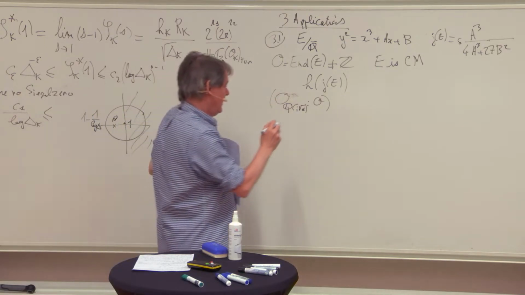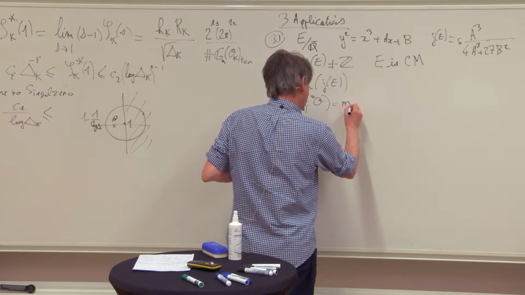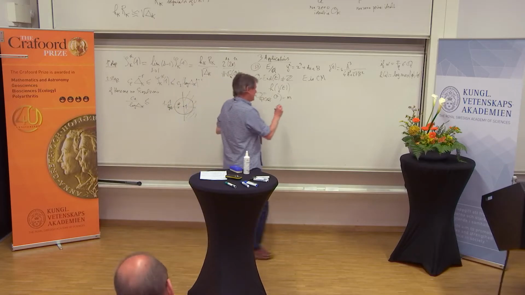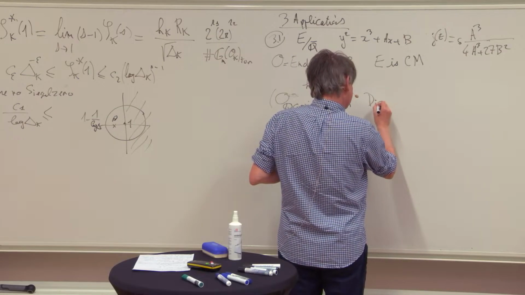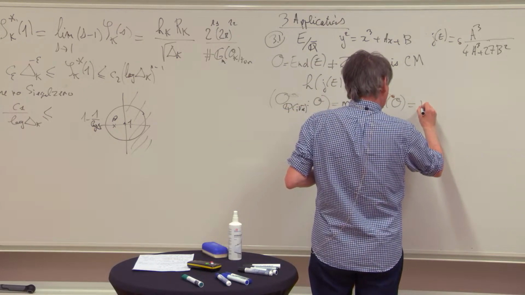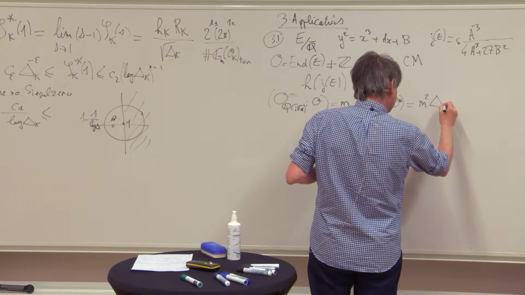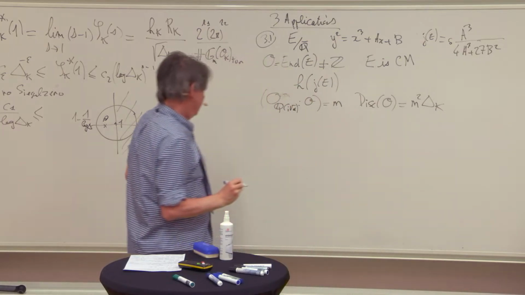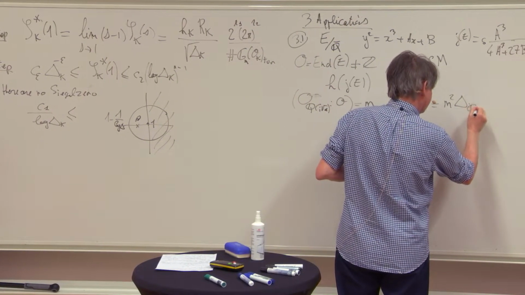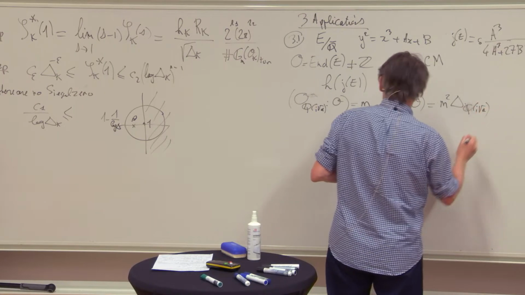So let's call m this index, and then it's natural to define the discriminant of O as m squared times the discriminant of the field Q of i square root of D.